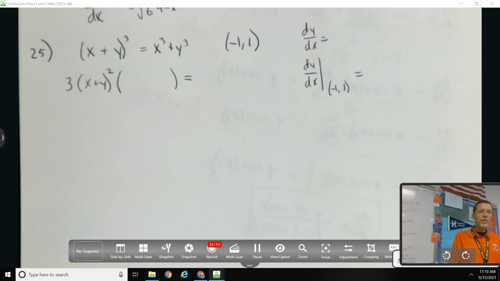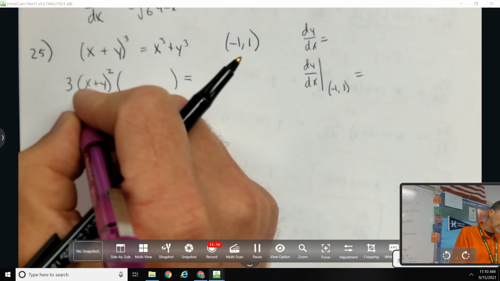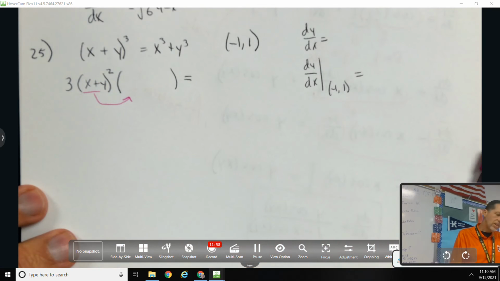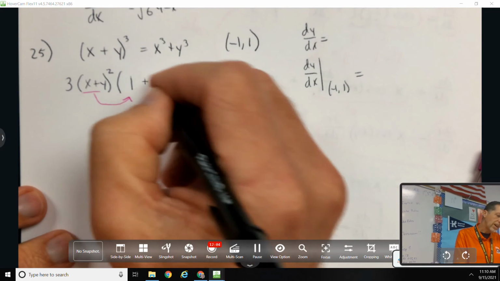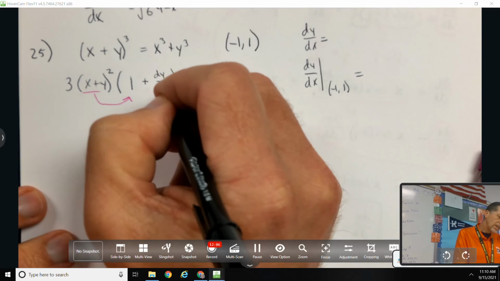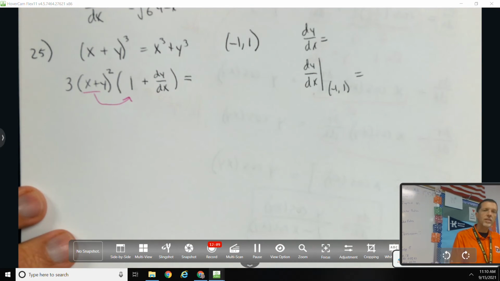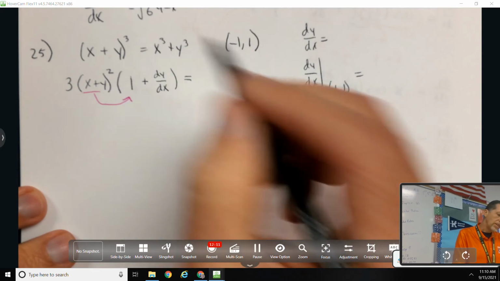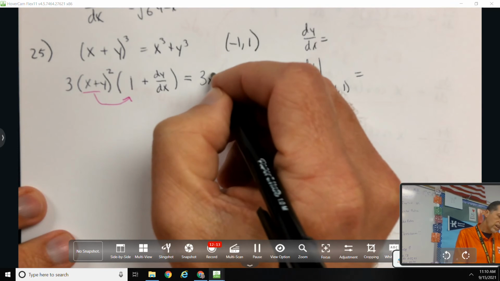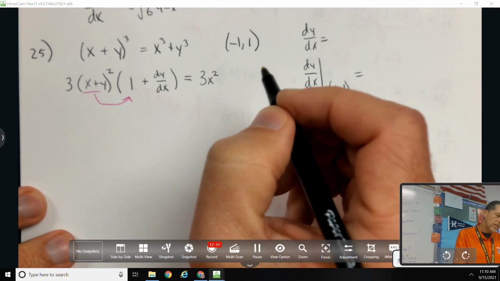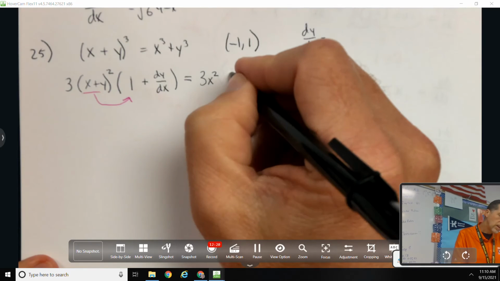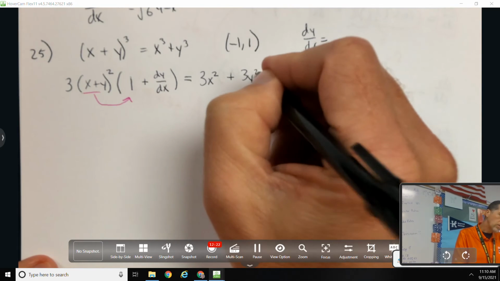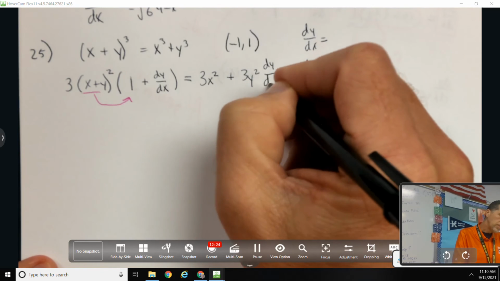But now I need to do the chain rule, so the derivative of the inside stuff. What's the derivative of x? 1. And the derivative of y? dy/dx. Then on the other side, 3x squared dx/dx, if you really want to think about chain rule every time, plus 3y squared dy/dx.